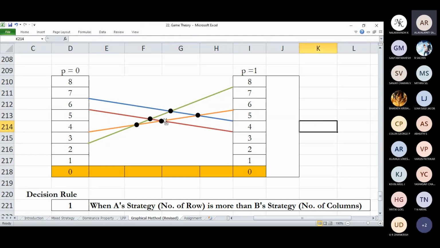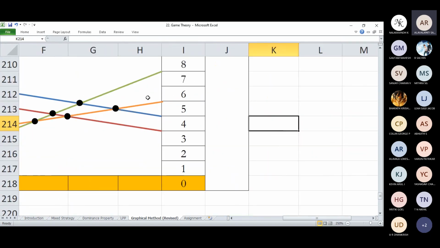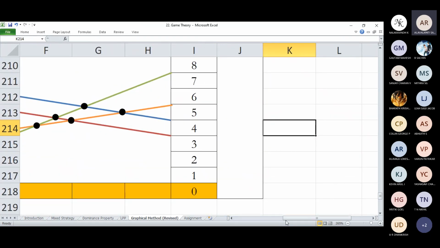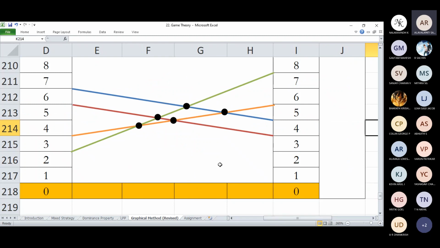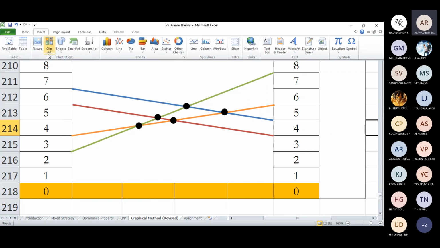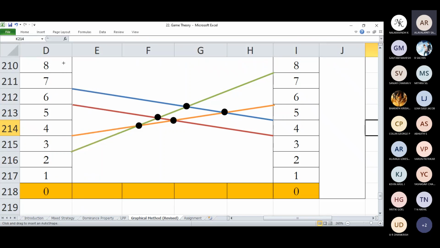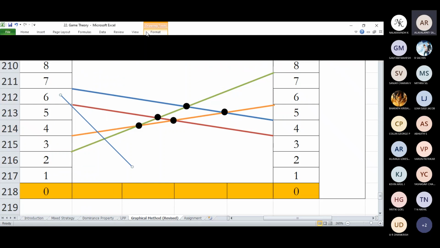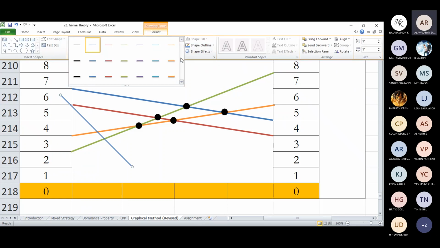I can zoom this. Right, so now we need to find out the optimal point, which is the value of the game. That's the intersection, right? So how do we find out that? We can take probably some line, and we start with some color which we have not used.